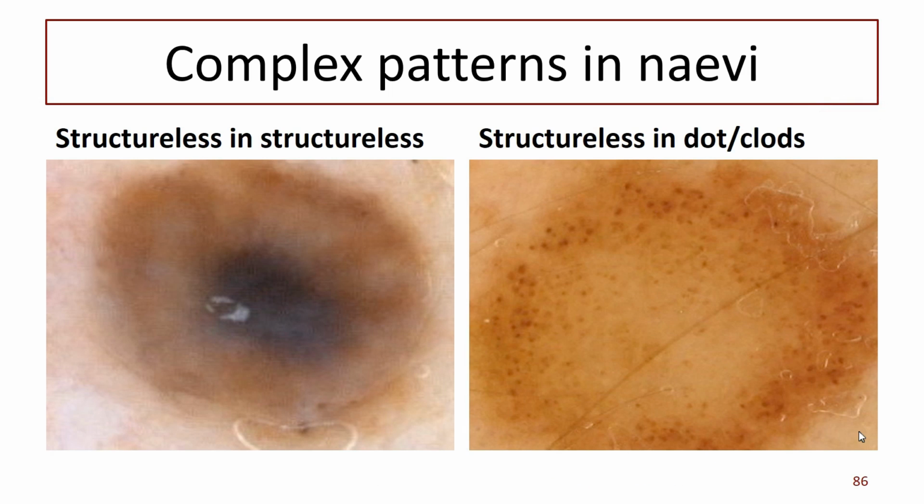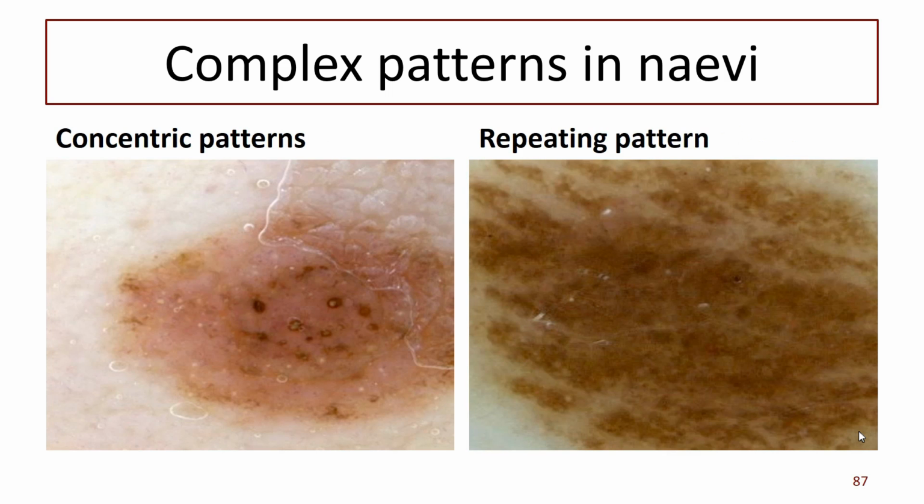So nevi can be multi-component. In this case, we've got another one rather looking like the other one, with a central blue-grey colour. This is artifact here from the camera. A lighter colour and then a darker colour. This one we've got a paler centre and dot clods around the edge. But it's symmetrical. It's a benign nevus. So you need to be familiar with the fact that nevi are not always all one structure.